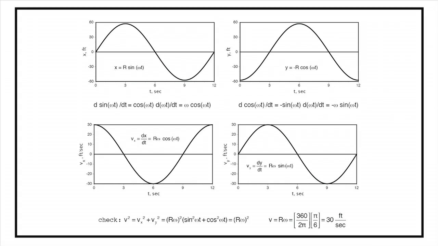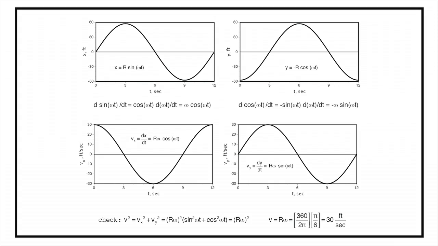But omega was a constant, and derivatives only involve changes in the various variables. And so you can take omega outside of that derivative, and you get omega times the derivative of t with respect to t, but the derivative of t with respect to t is just 1. And so you get omega times the cosine of omega t as the derivative of the sine.